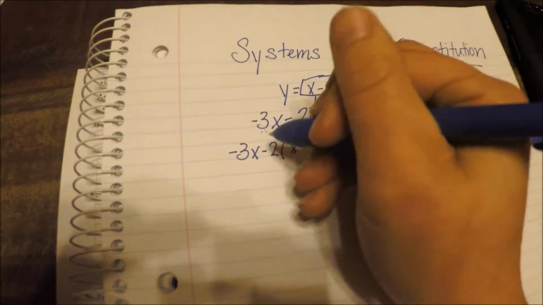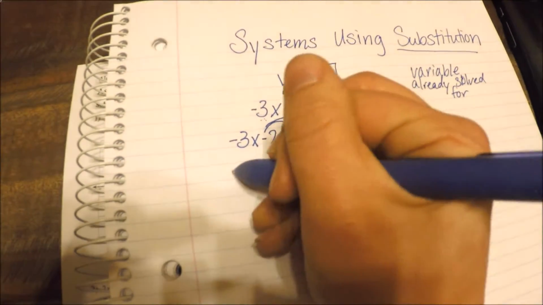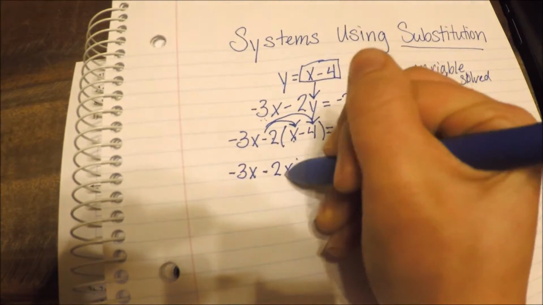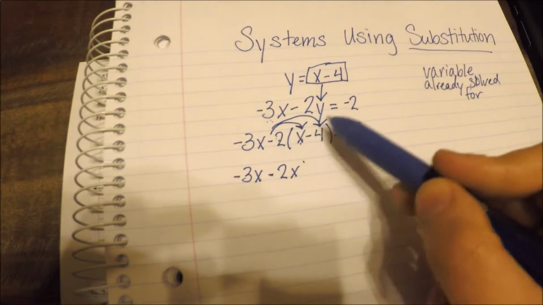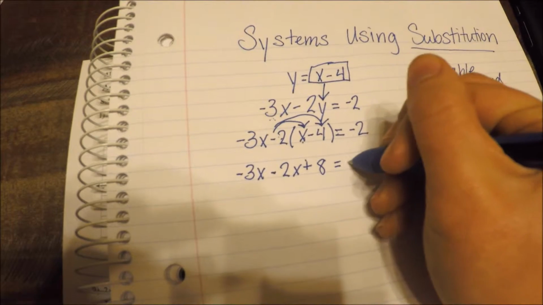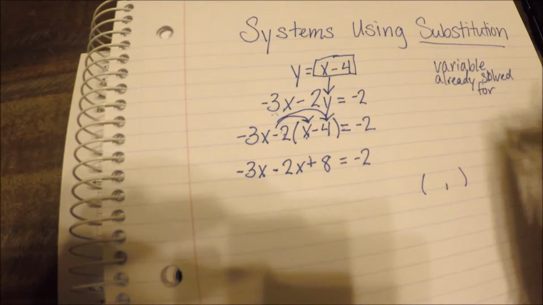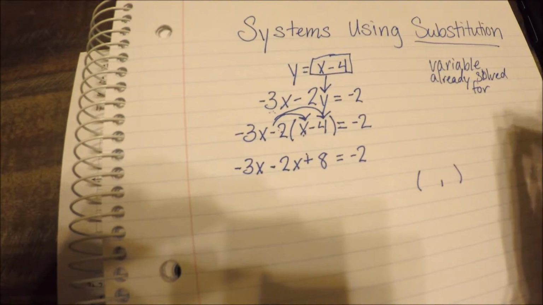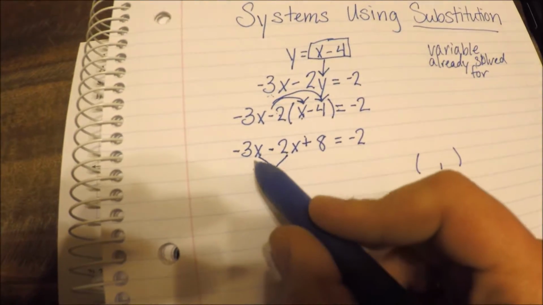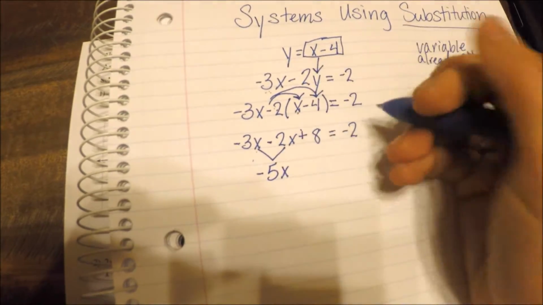To solve for x, I first need to distribute, multiply out that negative 2. So I have negative 3x. Negative 2 times x is negative 2x. Negative 2 times negative 4 is a positive 8, equals negative 2. Then I just have to combine like terms and get the x by itself. Negative 3x and negative 2x is negative 5x.